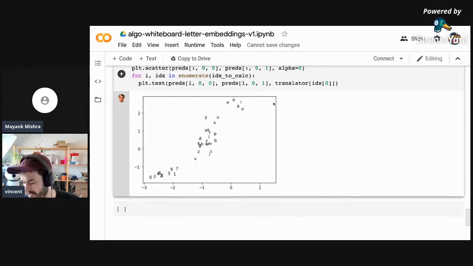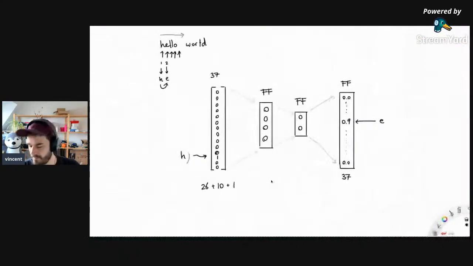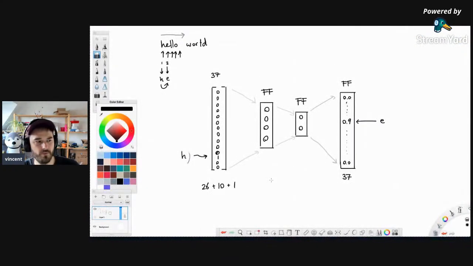So what I'm assuming is that the space character is somewhere over here. The space character is indeed a character that it would predict. And because it's probably located over here, because otherwise we wouldn't have this space, I'm assuming that it is its own separate cluster, which would make sense. When we go towards word embeddings, we're going to ignore the space. But in the case of letters, it's hard to ignore the space. But yes, it is part of the vocabulary.